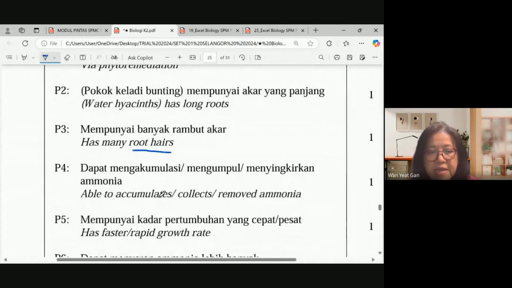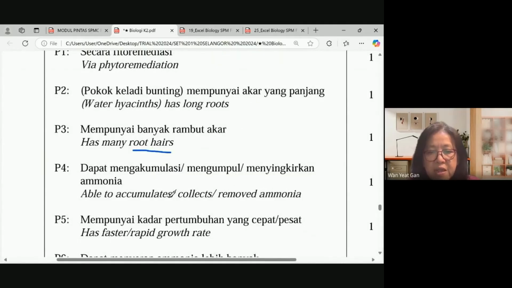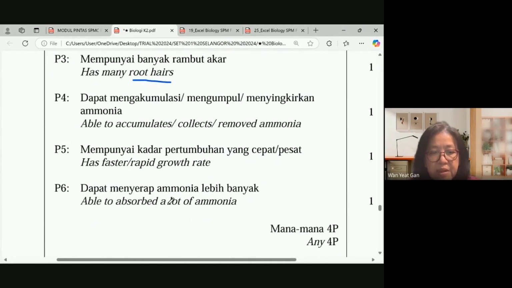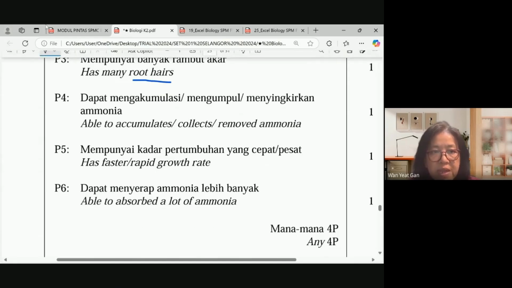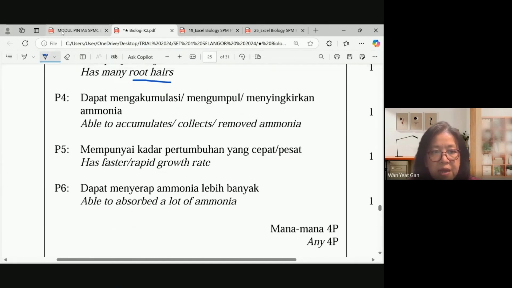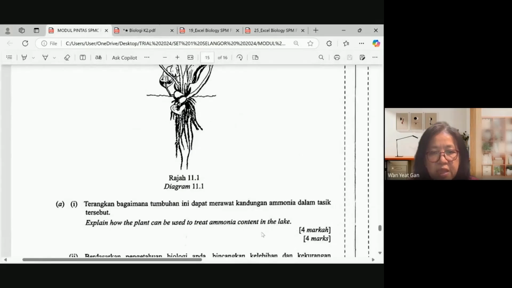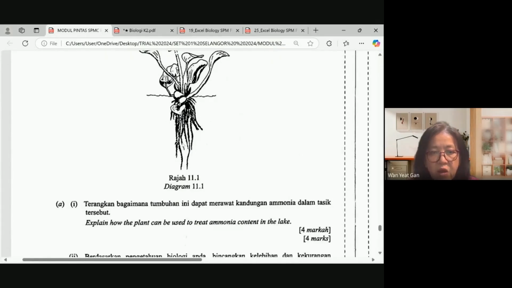So it can absorb ammonia at a very rapid rate. Okay, so that is how this plant is able to absorb and accumulate the ammonia content in the lake by having long and fine roots.